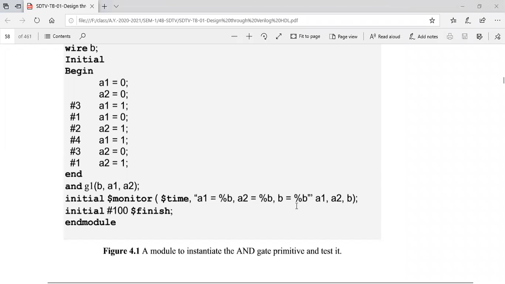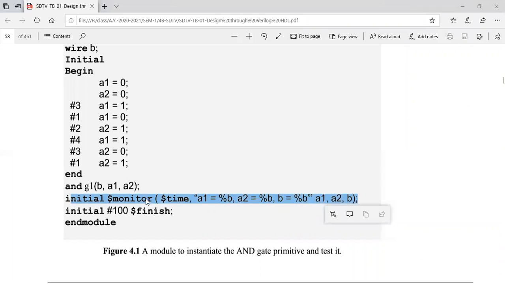We have to monitor the output. Output is B, right? Based on every change in inputs according to the timing, it produces the output. What does it mean?